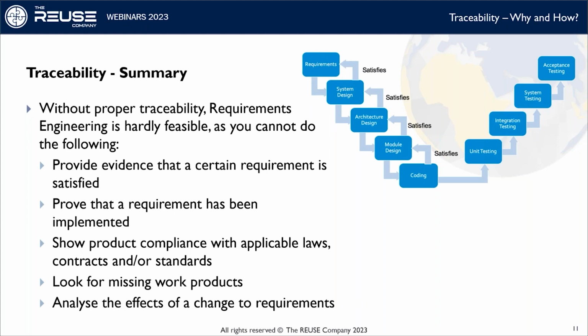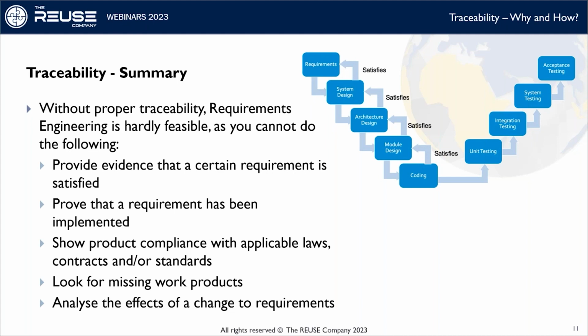Another important aspect when it comes to safety critical systems is that you have to be able to show that your different sets of requirements are fulfilling the applicable laws, the different contracts you have in place, or the different standards you are referring to.